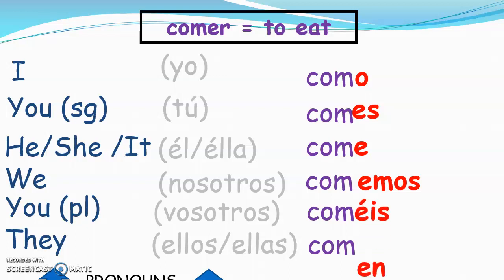And they eat. Comen. Como, comes, come, comemos, coméis, and comen. Again, try to work really hard at memorizing that verb conjugation.